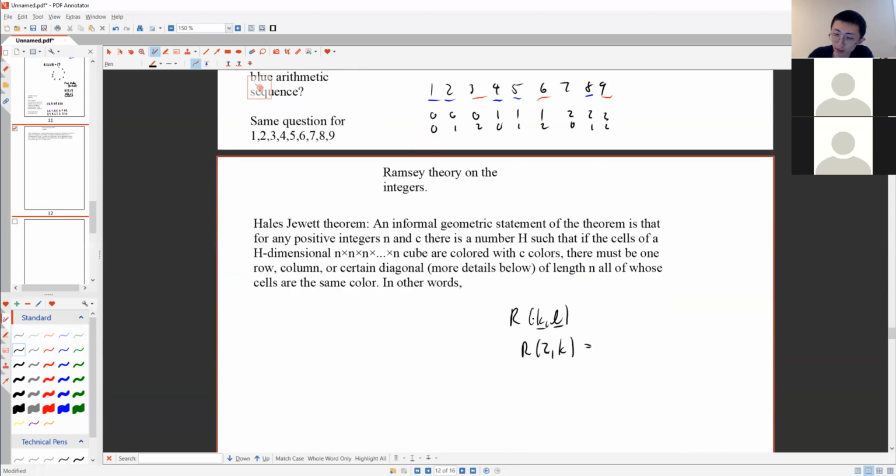Well, this says if this is a K2, so a red K2, that's just a single edge that's red, right? And then this is a red KK. So if I have K vertices, either all K choose 2 edges are blue, in which case we have a blue KK, or at least one of them is red, in which case we have a red K2. So this is just K.